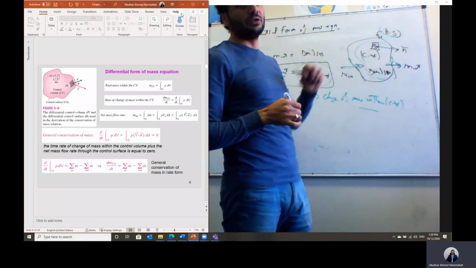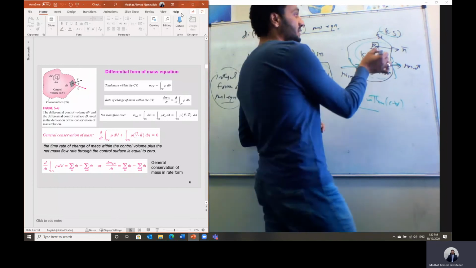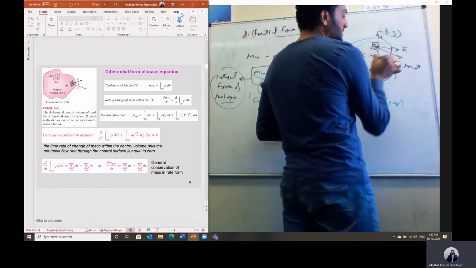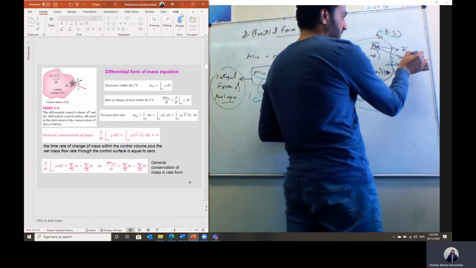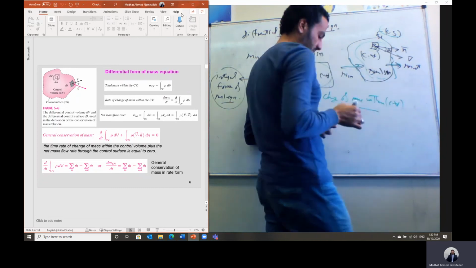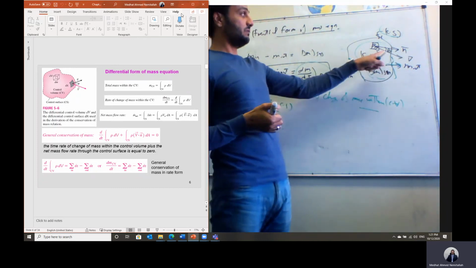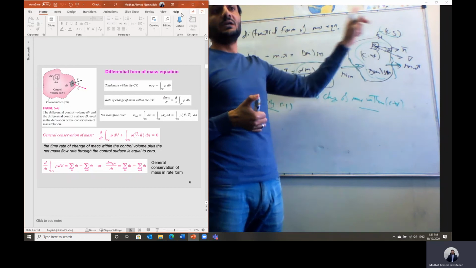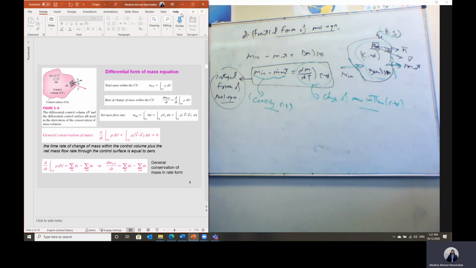So n is the direction of the area, and let's say we have flow leaving this system with a velocity v. This velocity has a direction vector that makes an angle theta with the n vector, which is normal to the cross-sectional area.